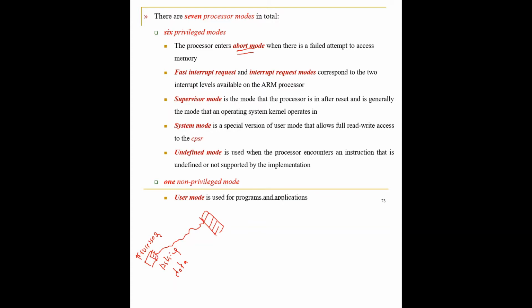So when the processor is asking for the data, there will be an attempt to access the data that is present in this particular memory. When the attempt to access the data from the memory fails, that particular mode is called abort mode of your processor.